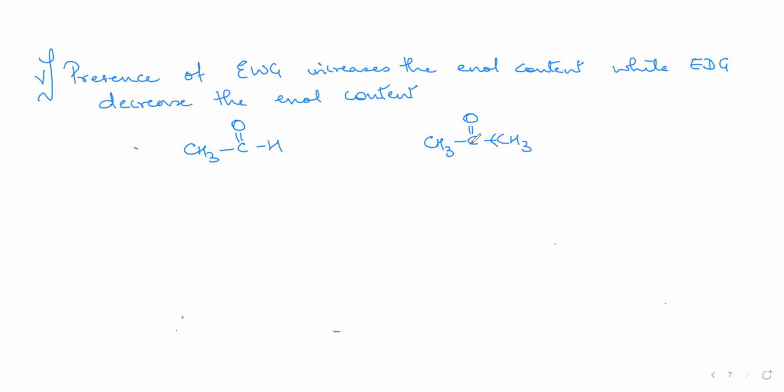If it donates electrons, and if I'm talking about the acidic nature of this alpha hydrogen, which will be more acidic, this one or this one? This has the plus I effect of the other methyl. So now tell me which will be more acidic. Yes, the first one. And if the first one is more acidic, its enol content will be slightly more than the enol content of the second one.